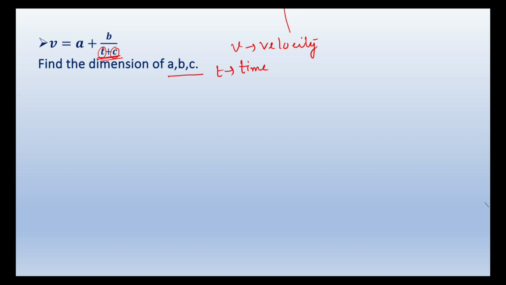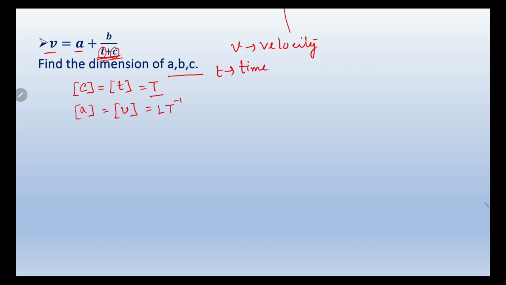So the dimension of c should be the dimension of t, and it is capital T. Another one: the dimension of a should be equal to the dimension of v, and the dimension of v, the velocity, is L T minus 1.